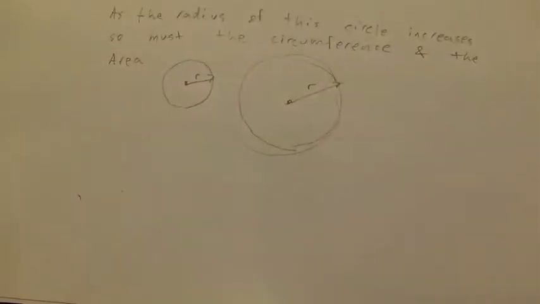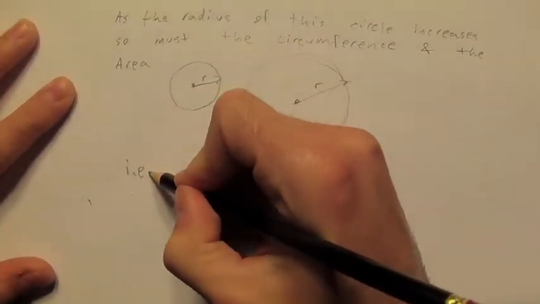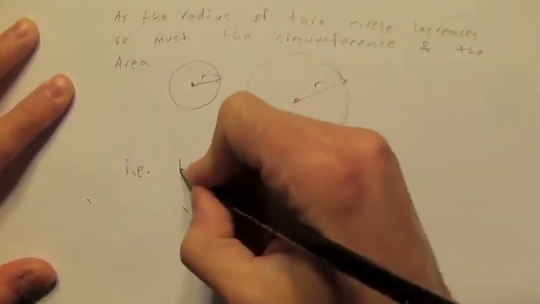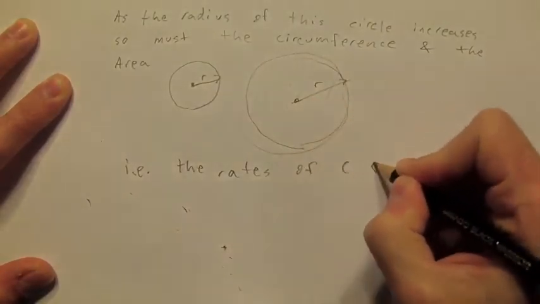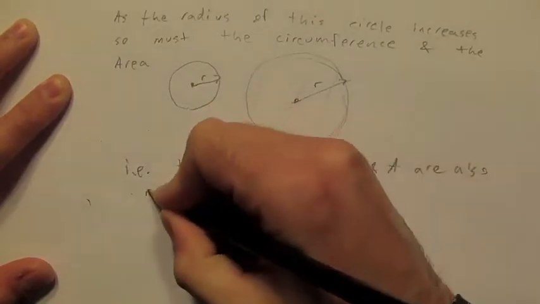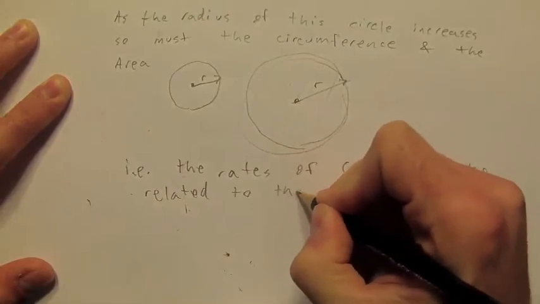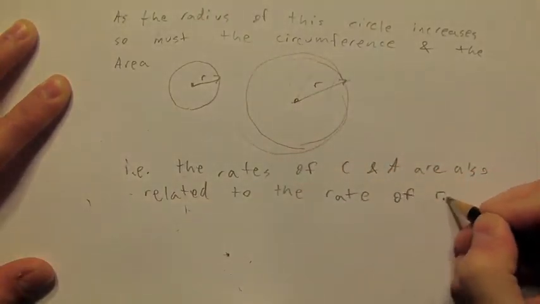Basically, what related rates allow us to do is this: in other words, the rates of C and A are also related to the rate of r.